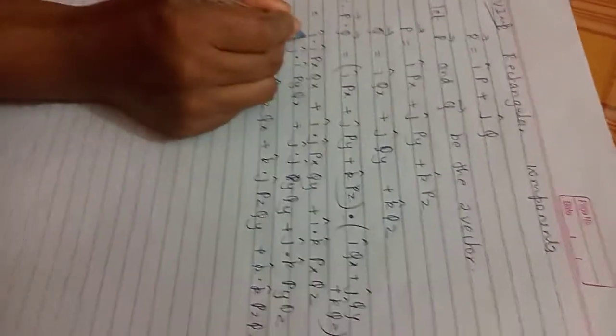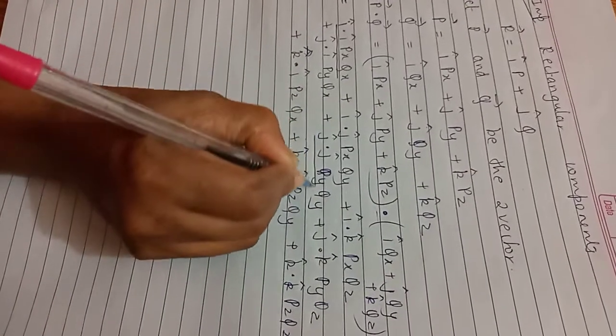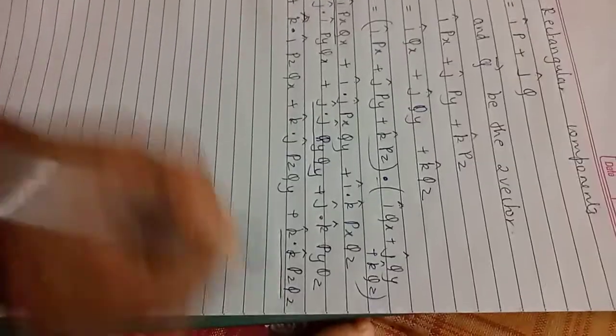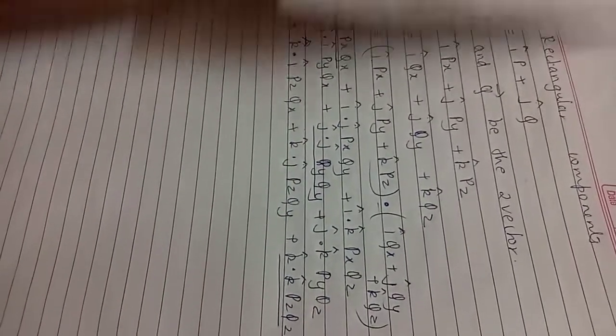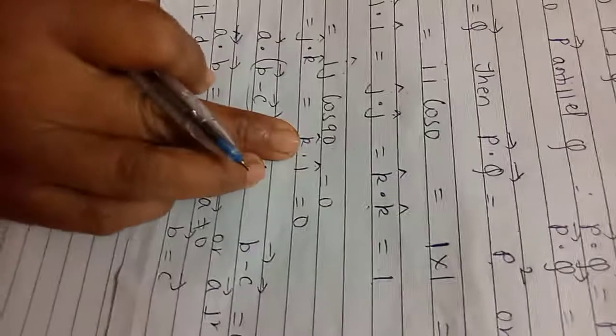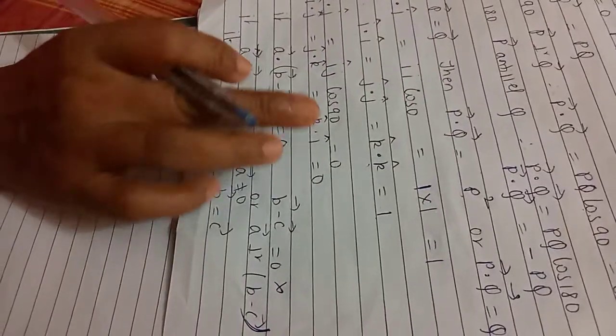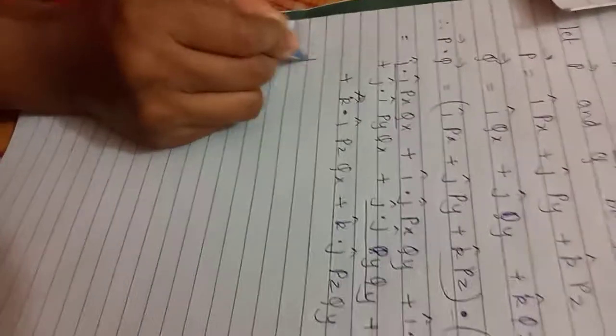So which are the surviving terms? 1, 2, 3. The rest, I dot J is equal to J dot K is equal to K dot I is equal to J dot I is equal to K dot J is equal to I dot K, everything is 0. So what do we get here?